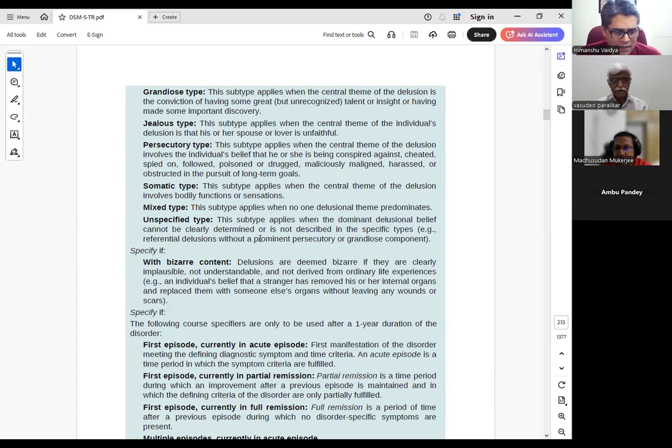Similarly, there was another case of a person who was in a medical college, and that person was treated for depression and schizophrenia, and then came for therapy for a few sessions and then stopped.